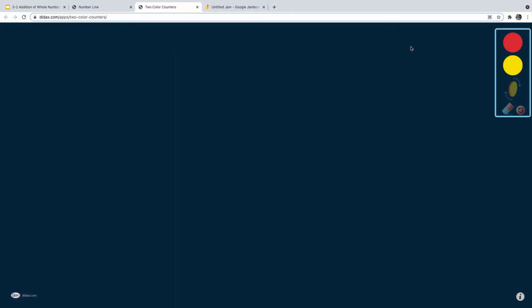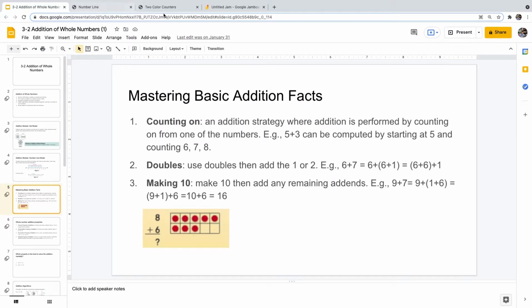I know I have a 9, but I need 5 more. So I can do 9, 10, 11, 12, 13, 14. Oops, 14, right? I already have 5 counters there. So starting from the big number is much easier when you're doing the counting on strategy.